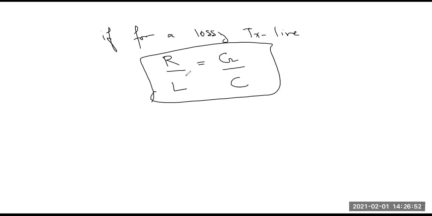If the ratio of R by L is equal to G by C, then we get a distortionless line.